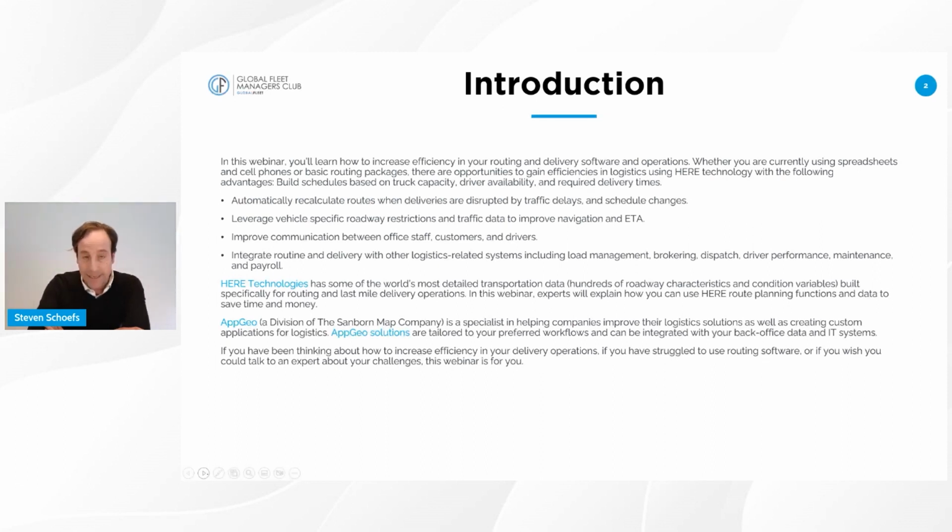And Abgio is a division of the Sanborn Map Company, and they are specialists in helping companies improve their logistic solutions as well as creating custom applications for logistics. Abgio solutions are tailored to your preferred workflows and can be integrated with your back office data and IT systems. So, you are here in the ideal webinar to gain knowledge.